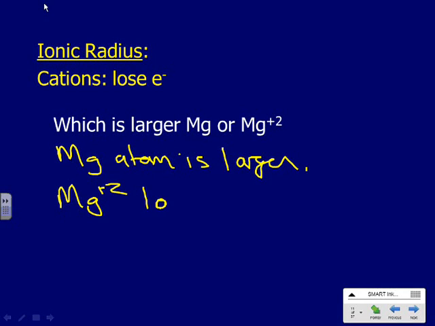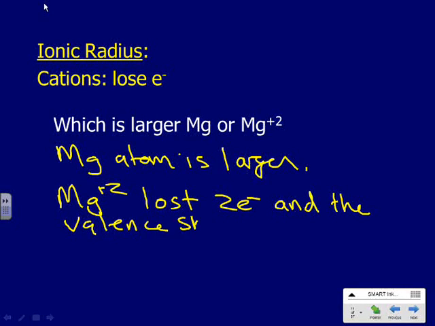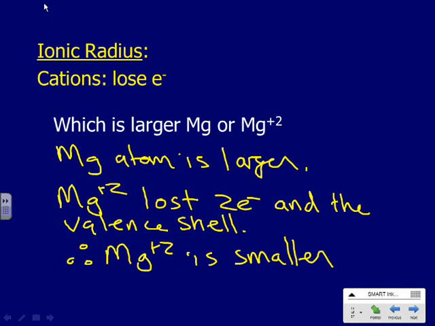Magnesium plus 2 lost 2 electrons and the valence shell. All right? Therefore, Mg plus 2 is smaller. Okay? That's a very logical situation.